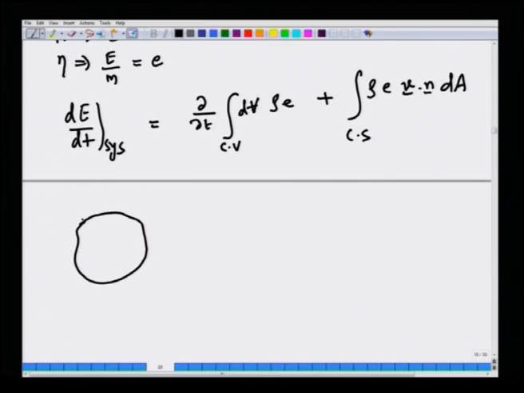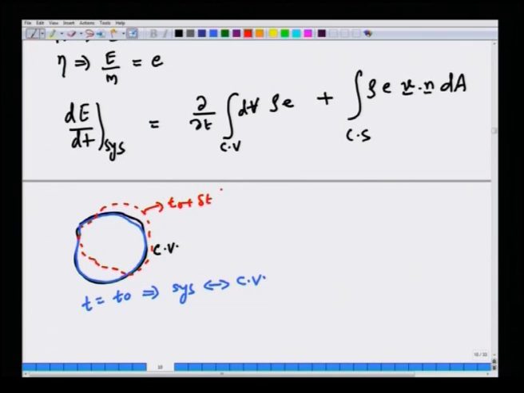Now, remember when you do the Reynolds transport theorem, you identify the control volume and you say that the system and control volume coincide at time t0. But at a later time, t0 plus delta t, you know that the system is going to move out of the control volume.